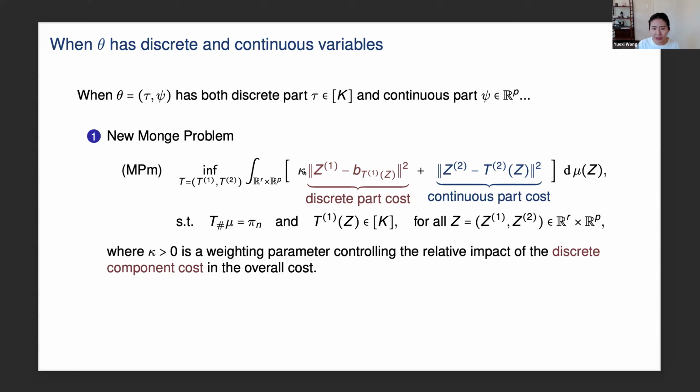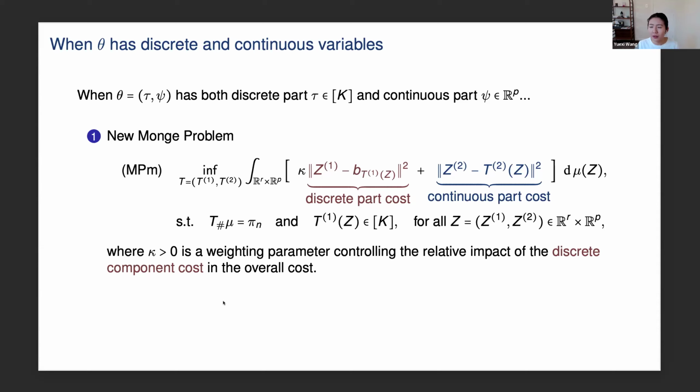And we introduce a scaling parameter kappa here to control the relative impact of the discrete component in the overall cost. So in most cases, you can simply set kappa to be 1 to have an equal contribution.